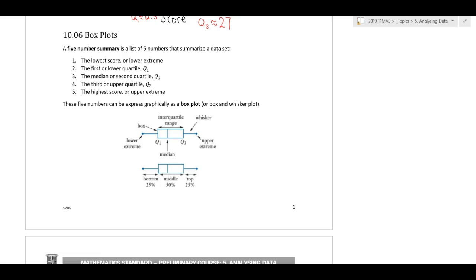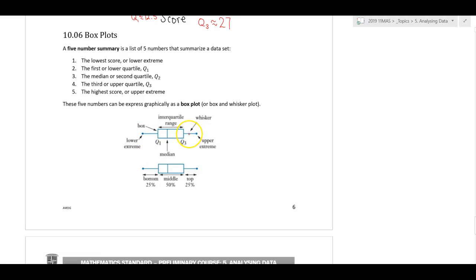Now it is a graph, on a number line, a single axis graph, and we need to mark on this graph 5 different values. The lowest score, which we can call the lower extreme or the minimum, the lower quartile or Q1, the median, the upper quartile or Q3, and the upper extreme or the maximum, the biggest score.